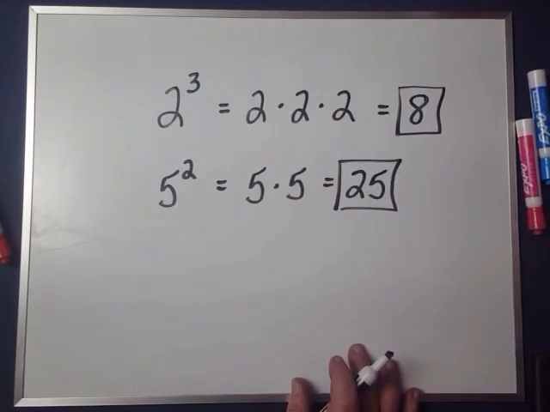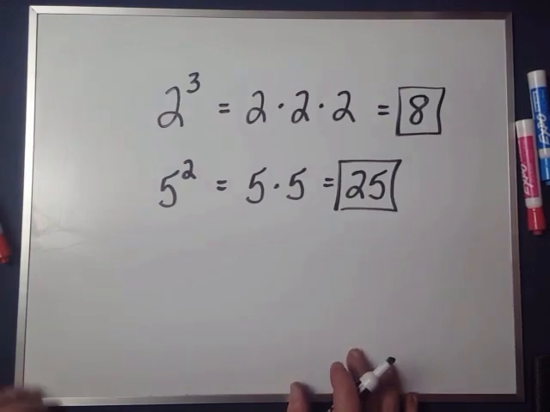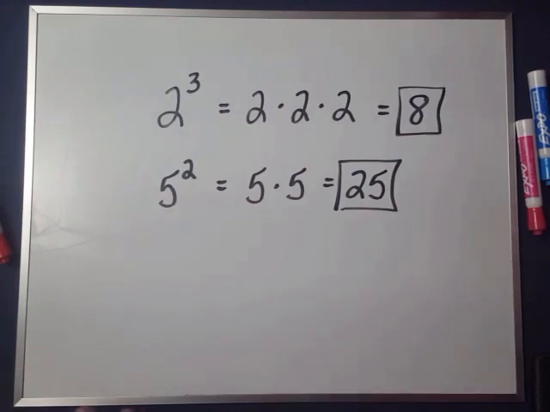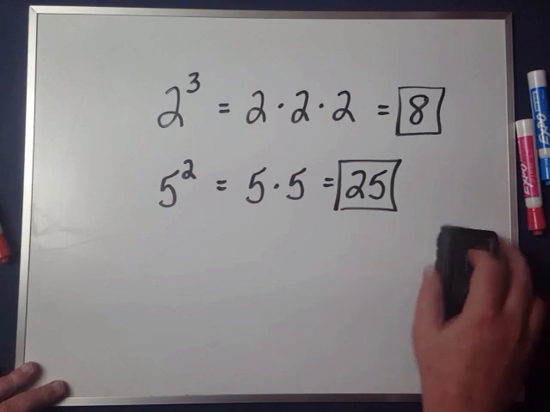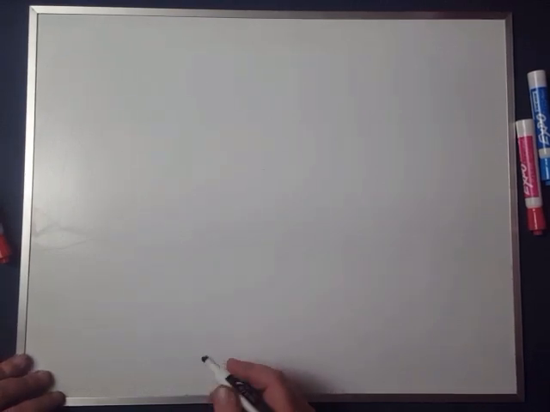Let's look at some homework problems. I'm looking on page 33 here in the exercises for section 1.1. Let's have a look at number 24. The instructions: find the value of each exponential expression.